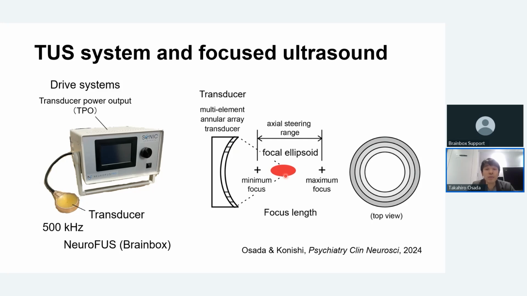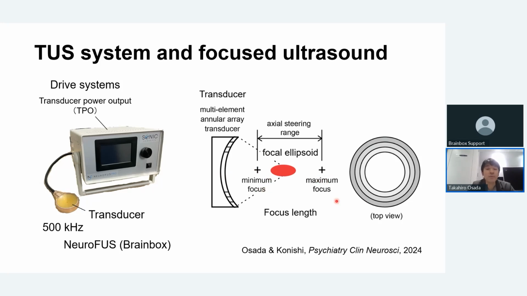In a multi-element transducer, ultrasound waves are generated from each element. By changing the timing and phase from each element, the position of the focus can be controlled. In our system, we use 4 annular array transducers. The focal length ranges from approximately 30 millimeters to 70 millimeters.